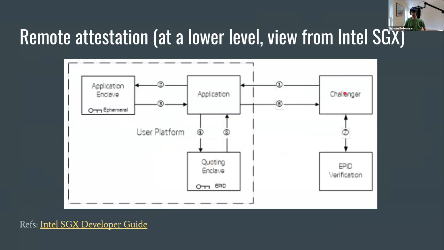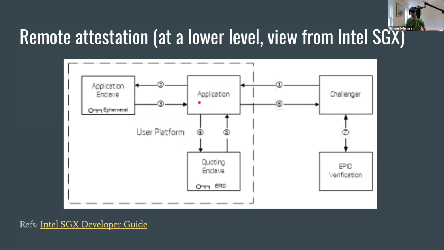When there's a challenger, which was the service provider in the previous slide, it requests to verify that the enclave is secure, running on legit hardware and so forth. Then the application connects to this quoting enclave, which is provided by Intel, and the quoting enclave will issue some kind of request to the enclave to produce a report. The key thing in this report, we'll see a bit later.